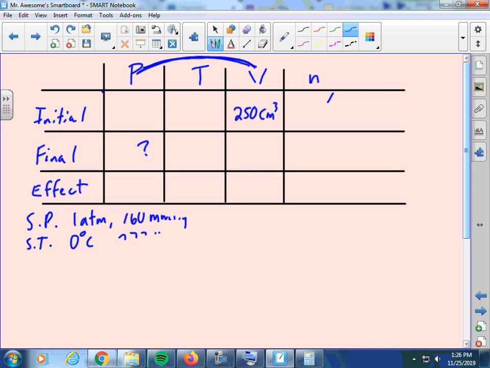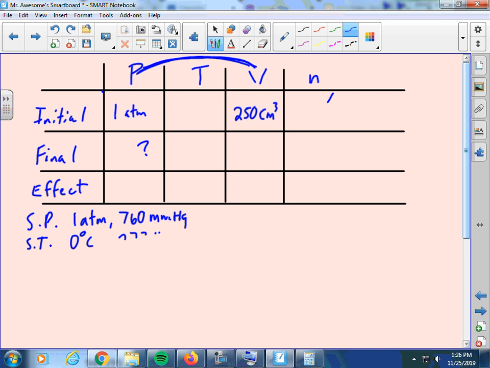Okay, standard pressure. Now, I told you guys standard pressure is 1 atmosphere or 760 millimeters of mercury. Either one would work depending on the problem. That's just your standard pressure. If I don't have to use millimeters of mercury, if I can just use 1 atmosphere, I'm going to use it because 1's an easy number to deal with. So I'll put pressure 1 atmosphere.